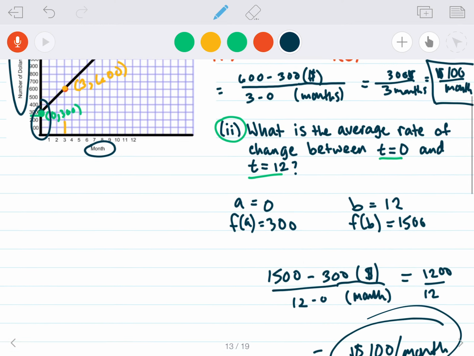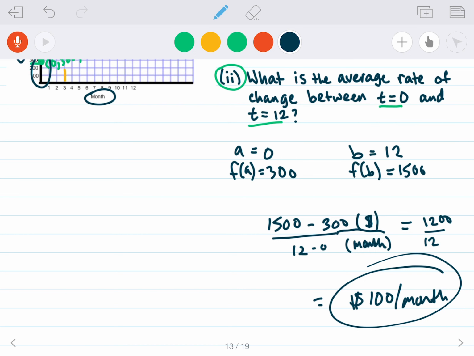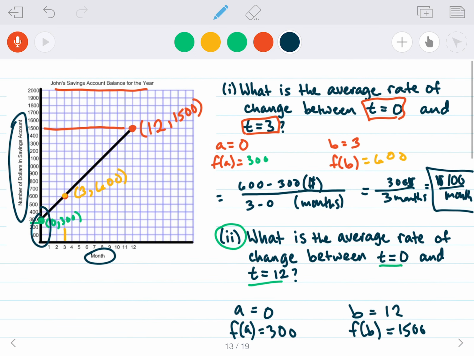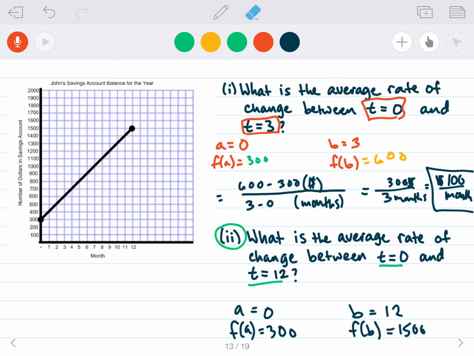So what do you notice? Well, it's the same rate of change, right? It's the same steepness. Let me show you what I mean by that. This is a special kind of rate of change that we're going to talk about more next week. But check this out, okay? So for the first scenario, we went from t equals 0 to t equals 3. Okay, so we had this steepness right here.